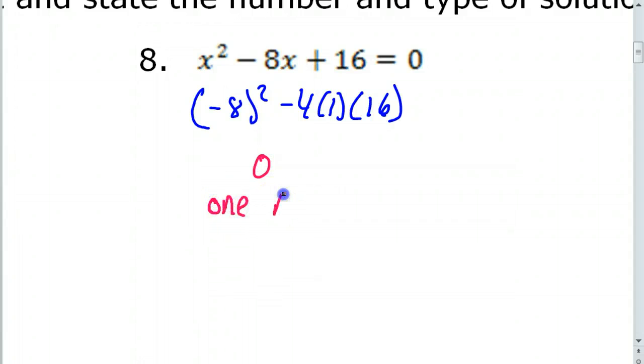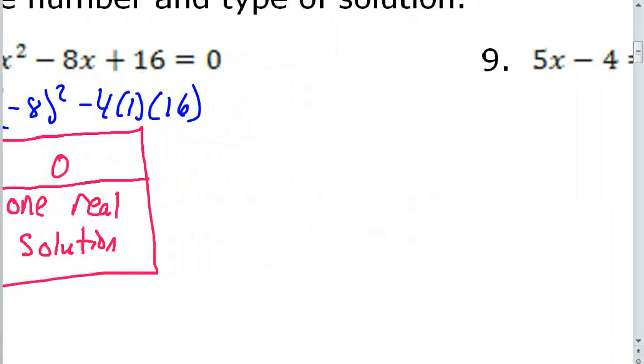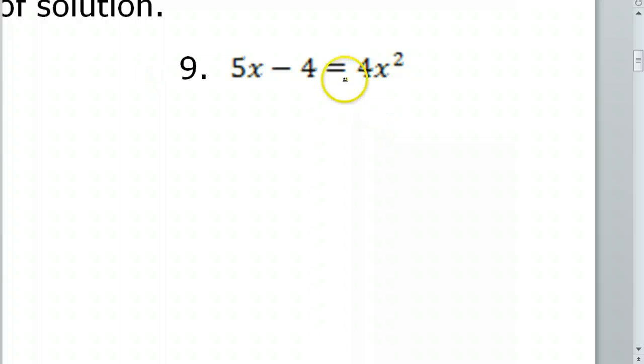Okay. Stop me if you have any questions. Alright, so number 9. We got to put it in standard form. So maybe we subtract 4x squared from both sides. Or you could have added, you could have moved the 5x and the negative 4 to the right, whichever way you want to do it. So doing it this way, I get negative 4x squared plus 5x minus 4 equals 0.